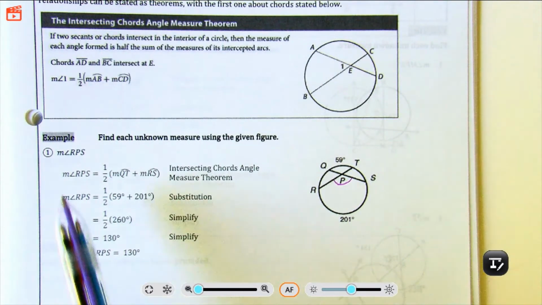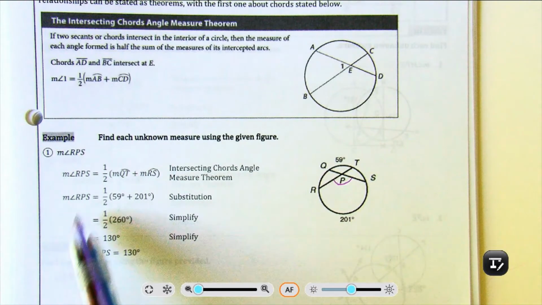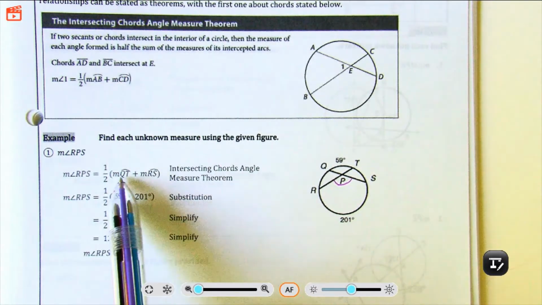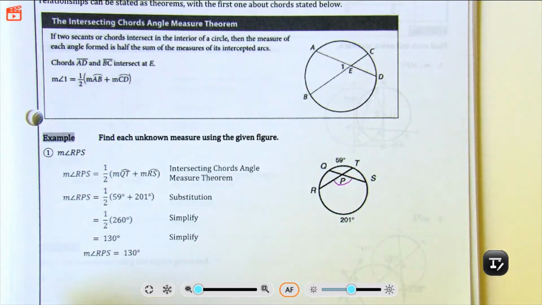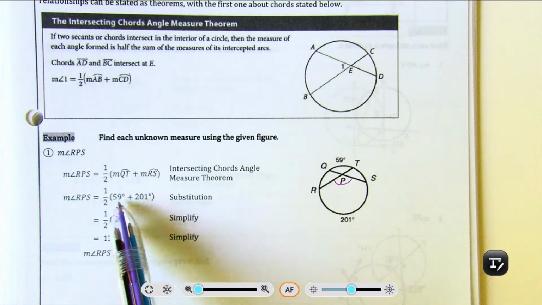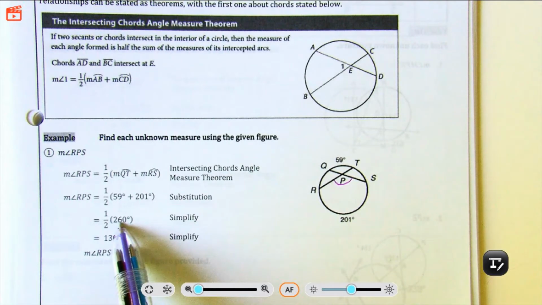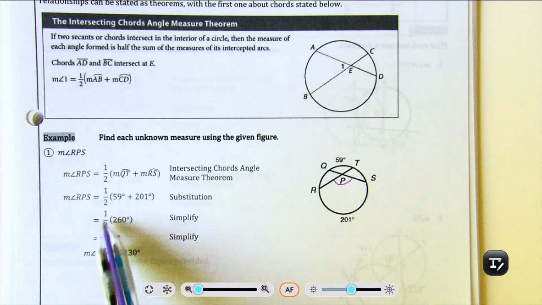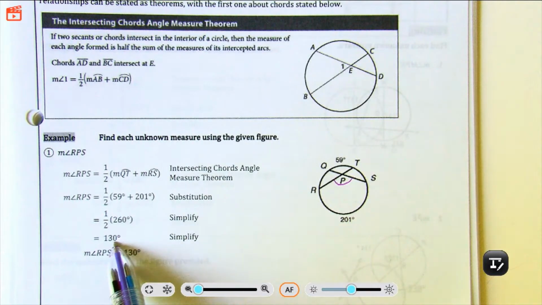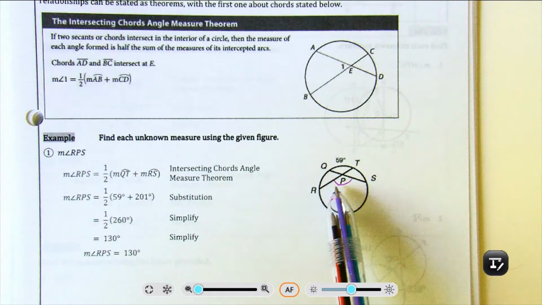Half is the same, and then you have the two arcs added together. Adding the two arcs, 59 plus 201, you get 260, and if you take half of 260, you get 130. So the measure of angle RPS is 130 degrees.